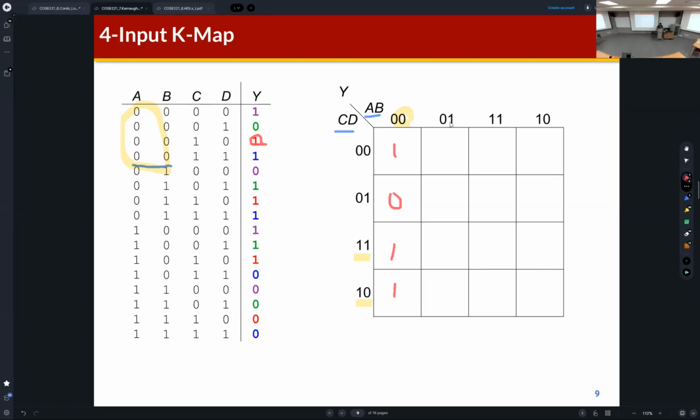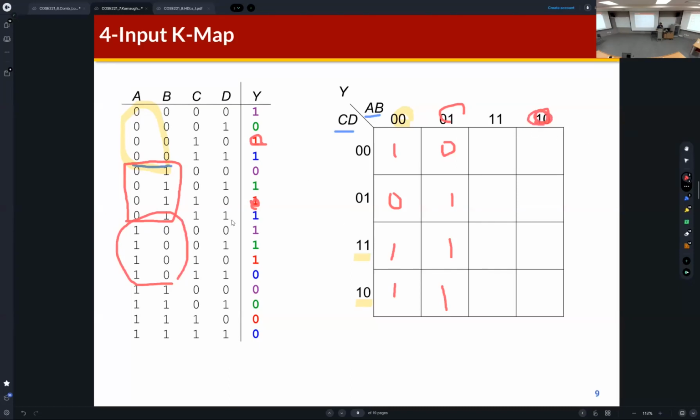Also, for this 0, 1, so AB is 0, 1 here. So it's 0, 1, 1, 1. And 0, 0 is here, then 1, and then this 1 is here, and also 1 is here. How about the 1, 0? 1, 0 is actually here. You need to know that.